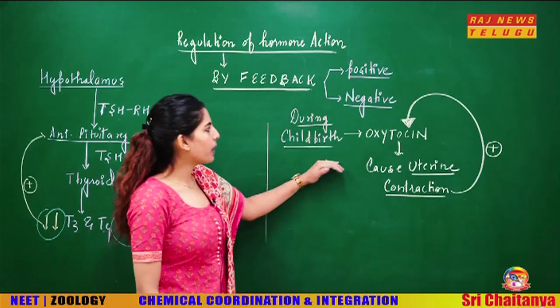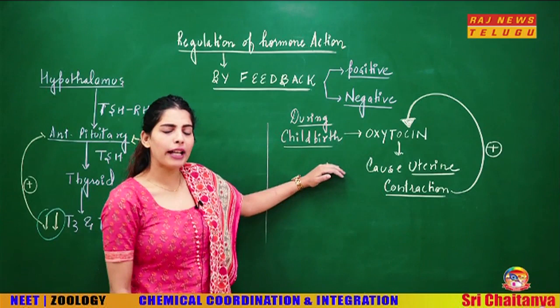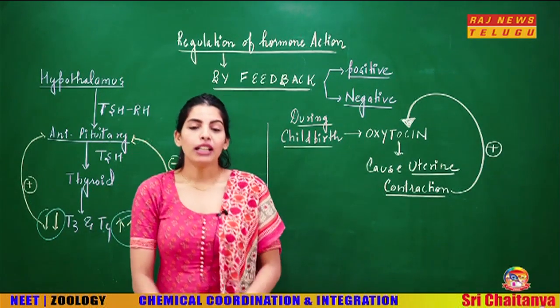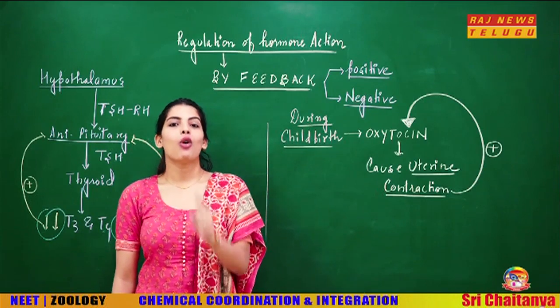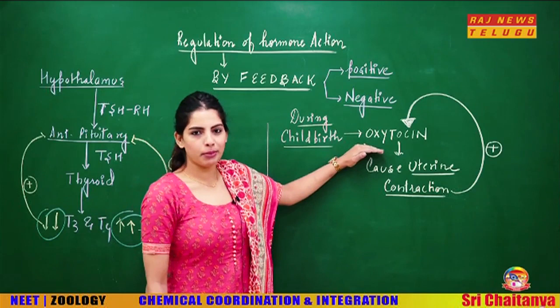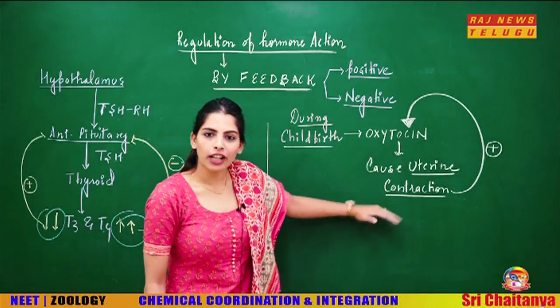Also, I have written over here that during childbirth, there are vigorous uterine contractions, and we know that oxytocin, which is also called the birth hormone, is responsible for the uterine contractions.